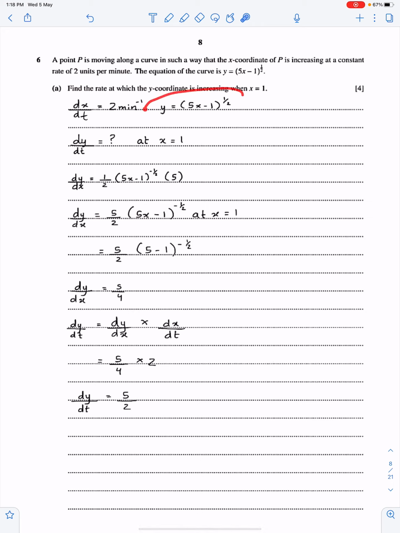First we need to differentiate this with respect to x. At x equal to 1, we can get the value of dy upon dx. When you differentiate this with respect to x, you will get this thing. At x equal to 1, the answer is 5 upon 4. This is the formula of chain rule. We need dy upon dt, we have dy upon dx, 5 upon 4, we have dx upon dt, which is 2. So the final answer is 5 upon 2.